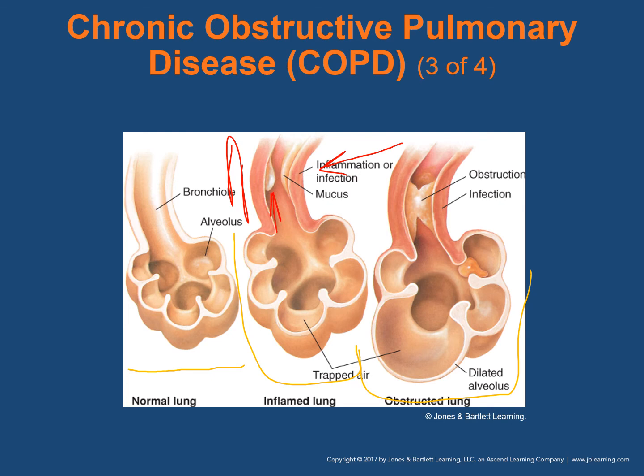So it's going to air trap in your alveoli. And you can see here what happens. This dilated alveolus becomes ineffective, loses its elasticity, and eventually breaks down, so that it'll be like a big giant hole in the lung tissue itself where that alveoli was supposed to be. So that's a pretty good picture, diagramming that out.